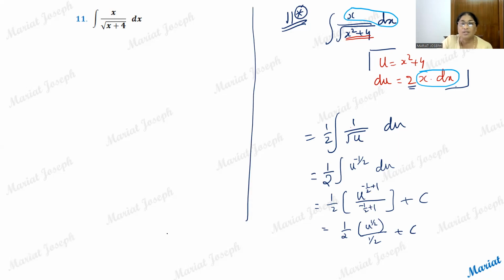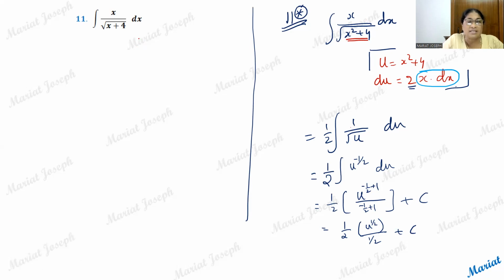But question number 11 as such is not going to be all that easy, because in the denominator, inside the bracket, x square plus 4 was an easy substitution. Its derivative x was present here.